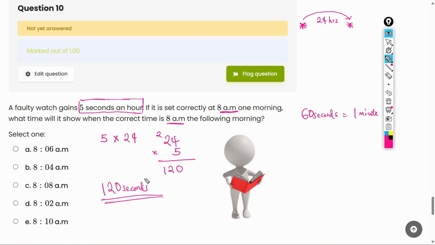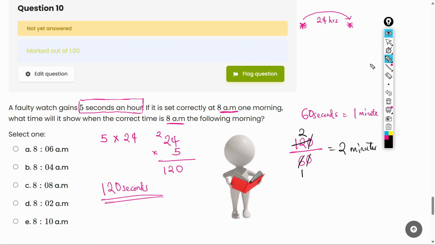So 120 seconds divided by 60 seconds. 0 cancels 0. 6 here is 1. 6 into 12 is 2. So it means that this is 2 minutes.